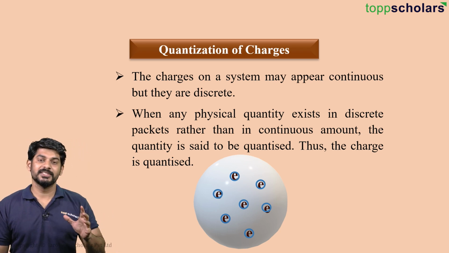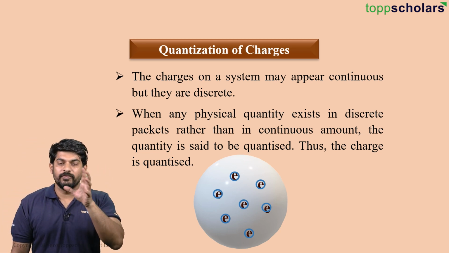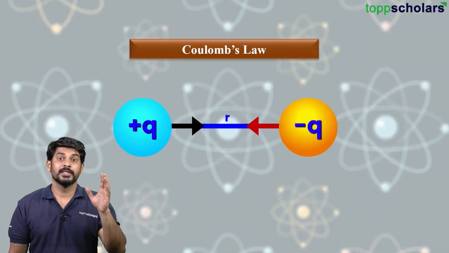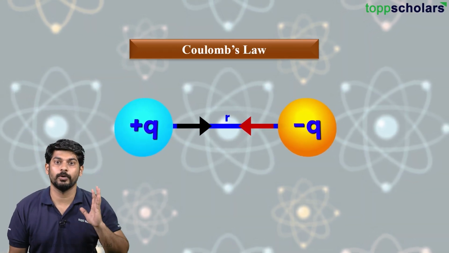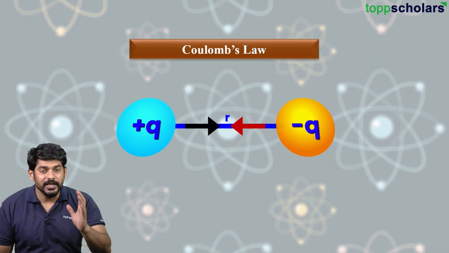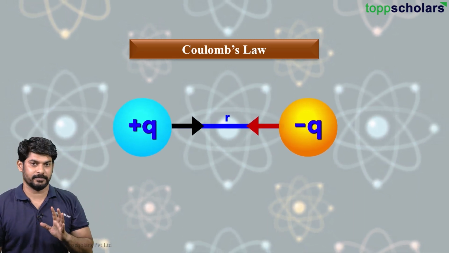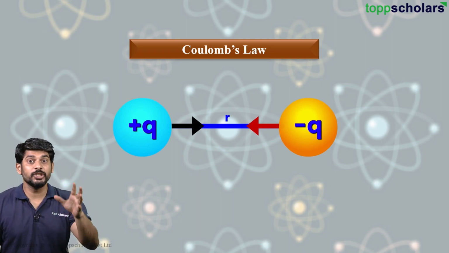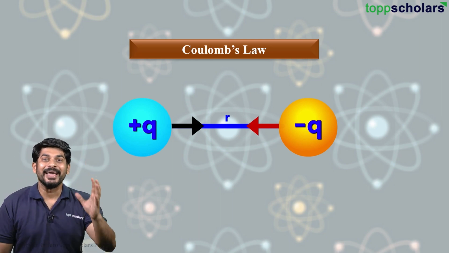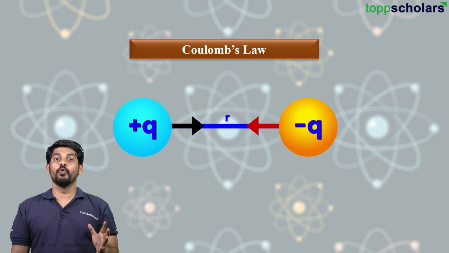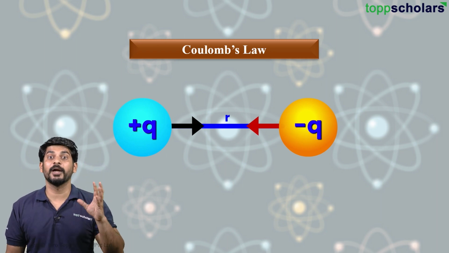Now after all this, let's move to a very important concept, that is Coulomb's law. Coulomb's law is the backbone of electrostatics, because it gives us the magnitude and direction of force between two charged particles.